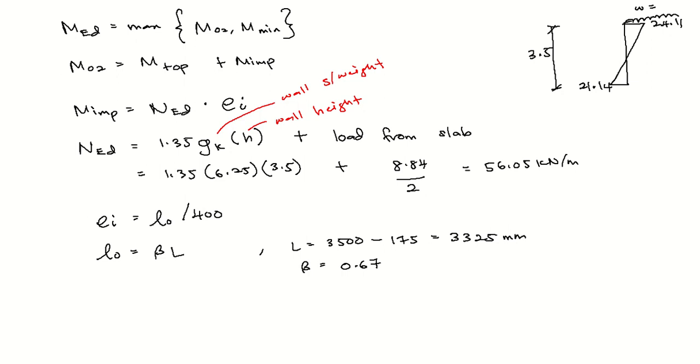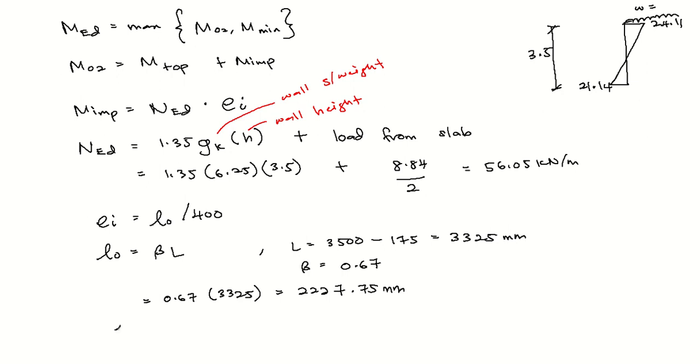For our case, it is 70%, so it falls under condition A. So L0 equals 0.67 times 3325, which is 2227.75 mm. This is your L0.